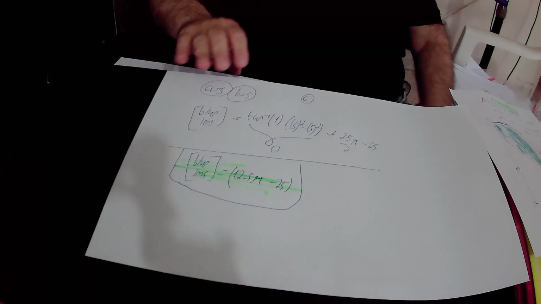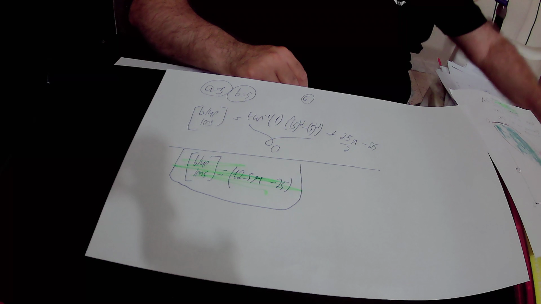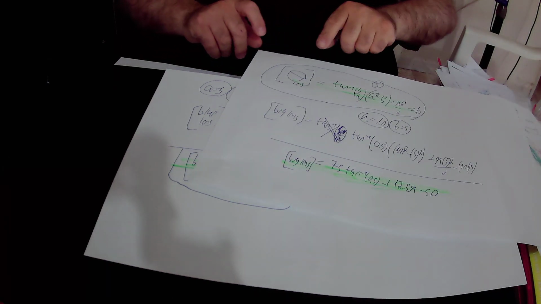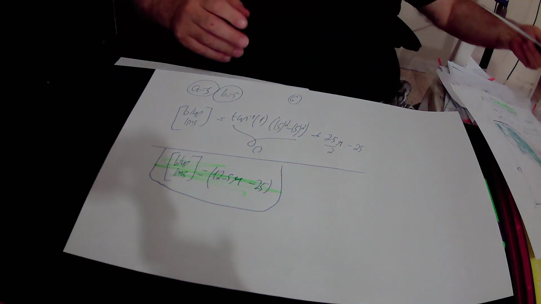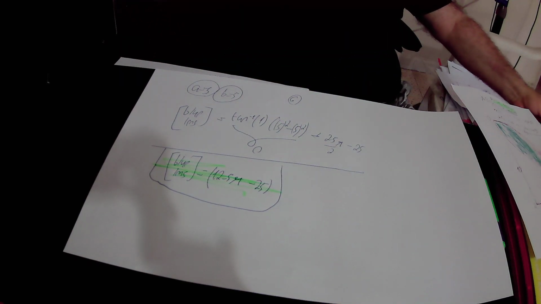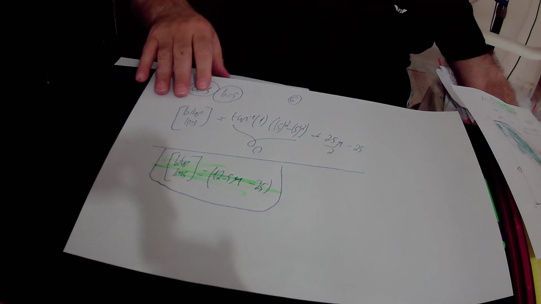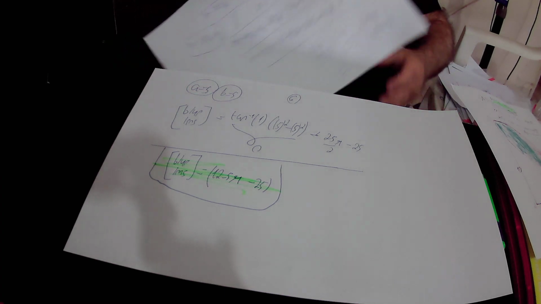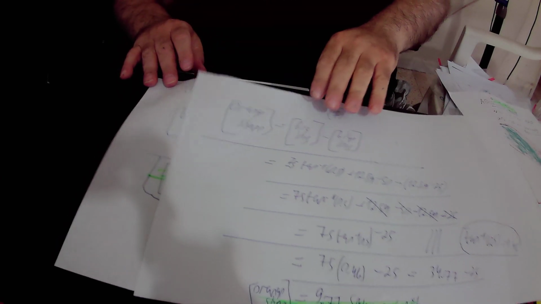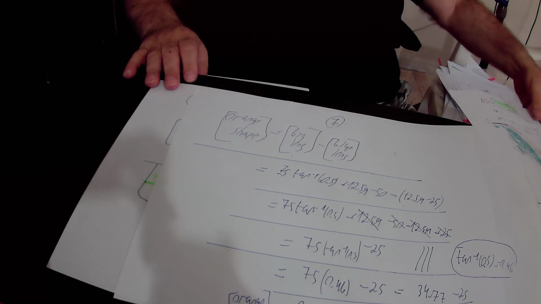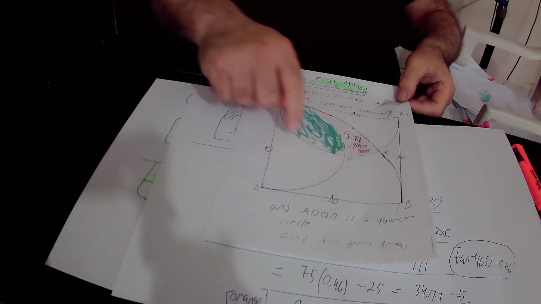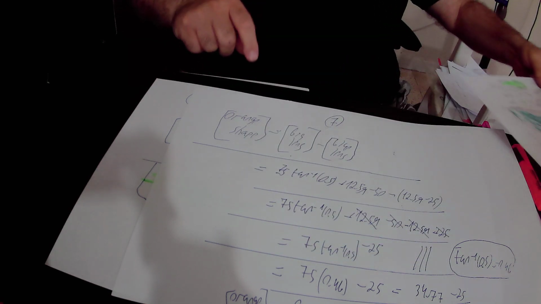We have already found out that the area of the big lens equals this expression. Then we subtracted the areas. What is the area of the orange shape? The area of the orange shape equals the area of the big lens minus the area of the blue lens.